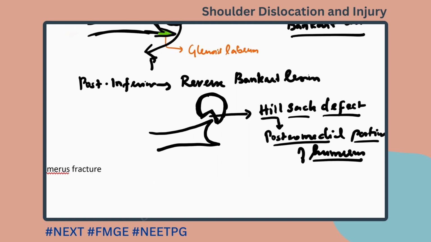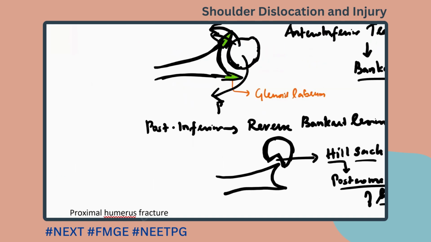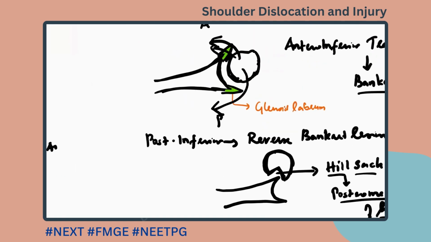Okay, now we'll summarize like this. Anterior dislocation of shoulder, Banker's lesion is seen, and Hill-Sachs lesion is seen.